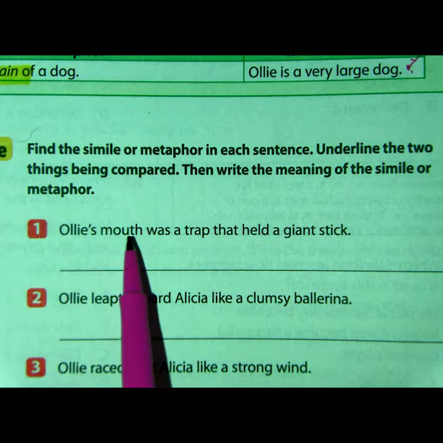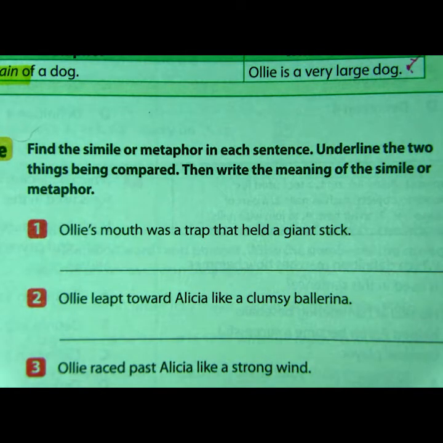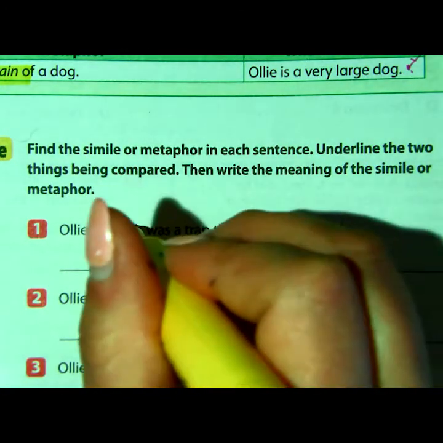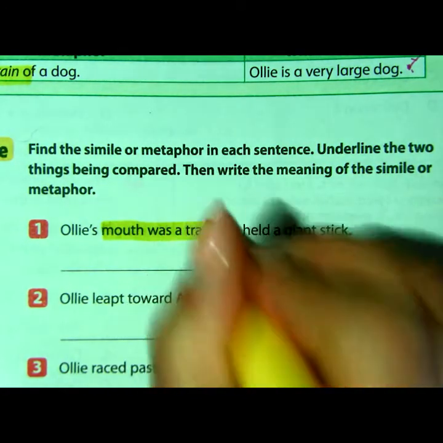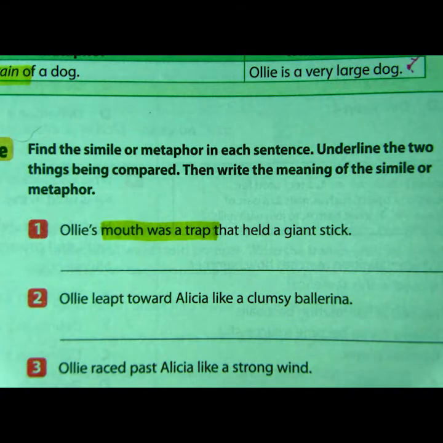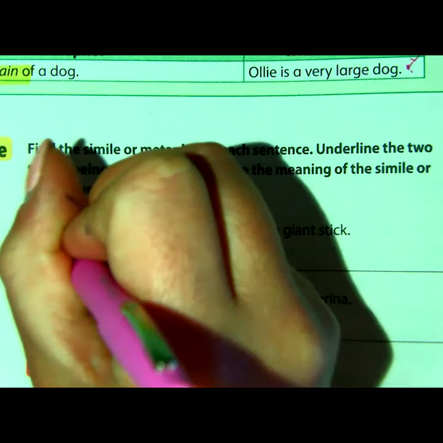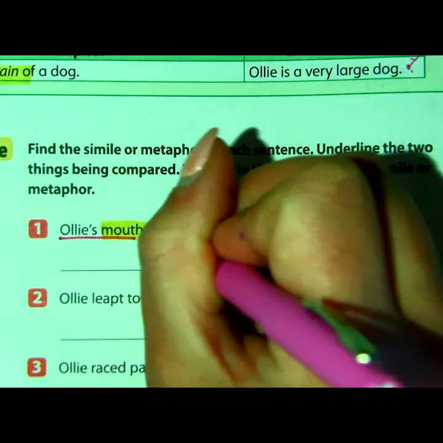So let's look at example number 1 first. Ollie's mouth was a trap that held a giant stick. I don't hear the words like or as, so it must be a metaphor. His mouth was a trap. This is a metaphor. It's comparing what? Right, Ollie's mouth to a trap.